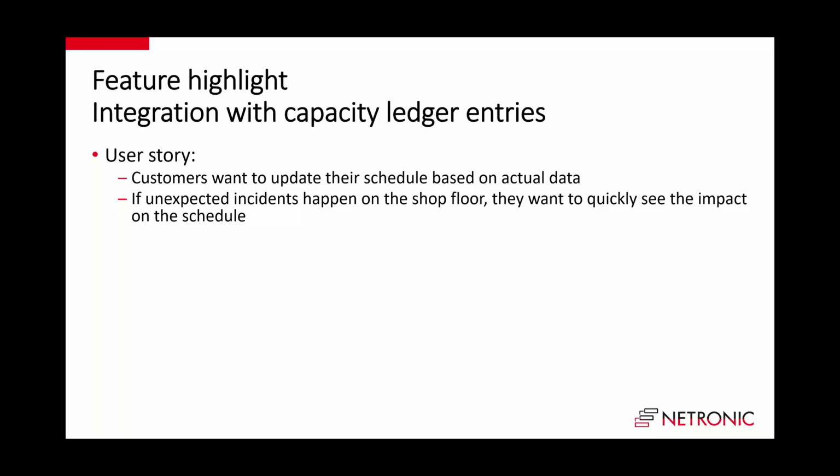So also in Business Central, you have these two areas, the one data source for the actuals and the other data source for the planning data. And with the new version, we try to give your customers the chance to bring this data together so that the schedule is always built on the actual data and always reflects what is going on on the shop floor.